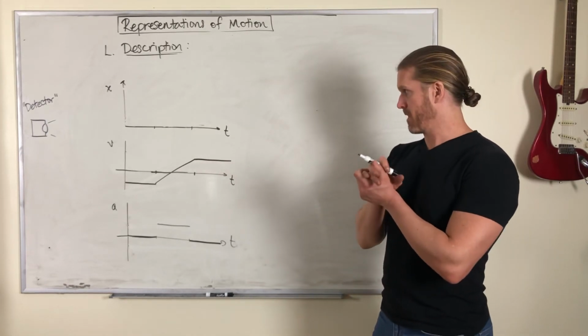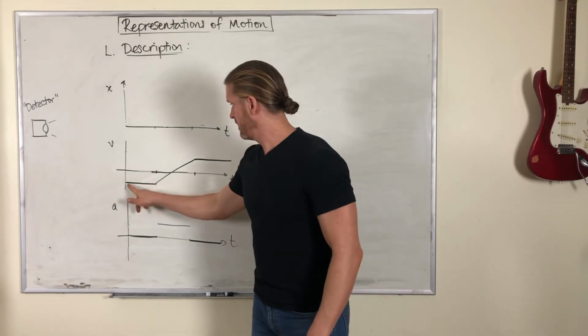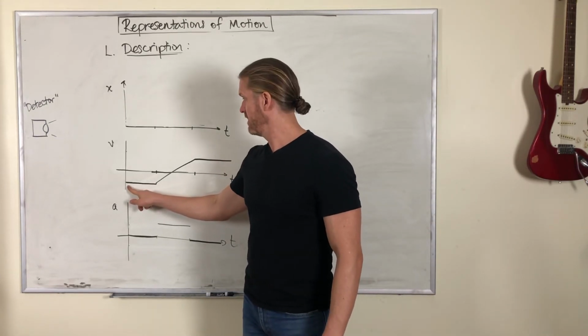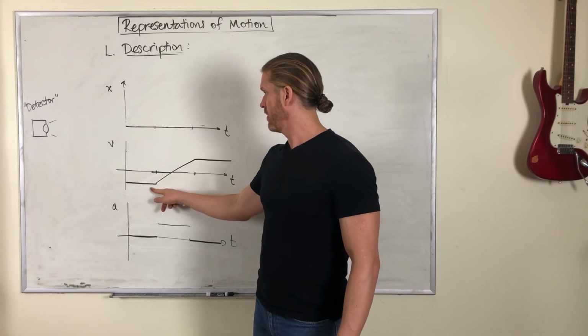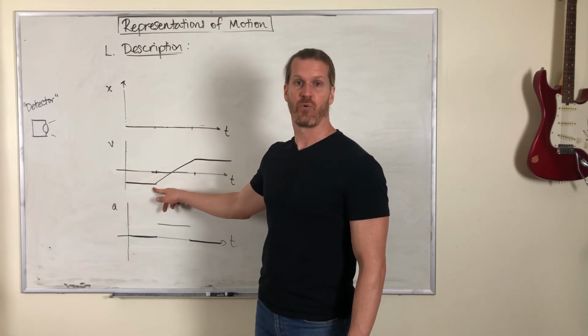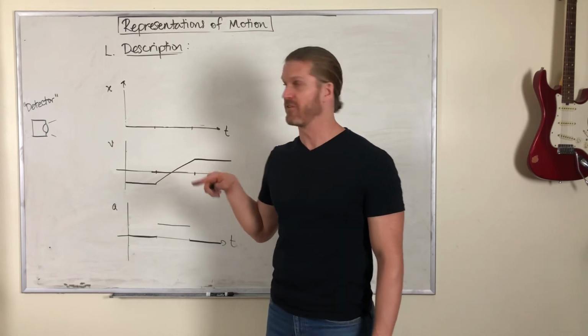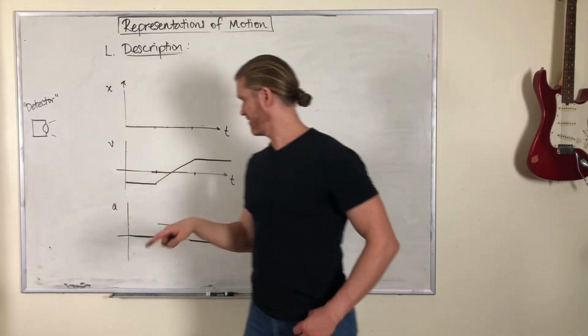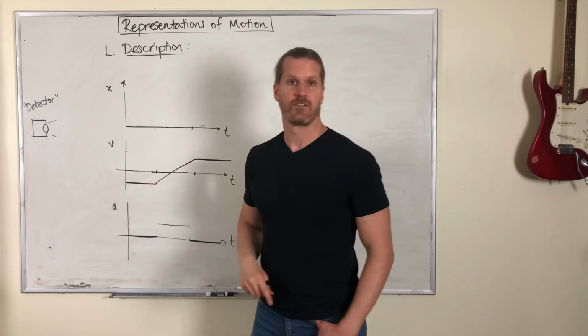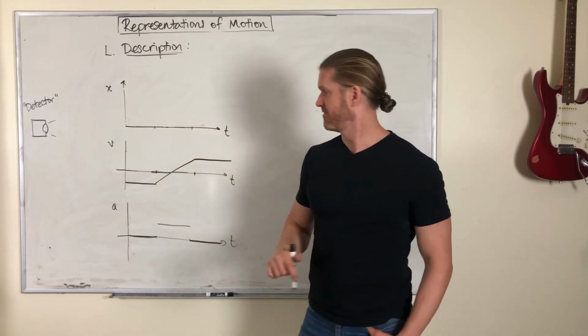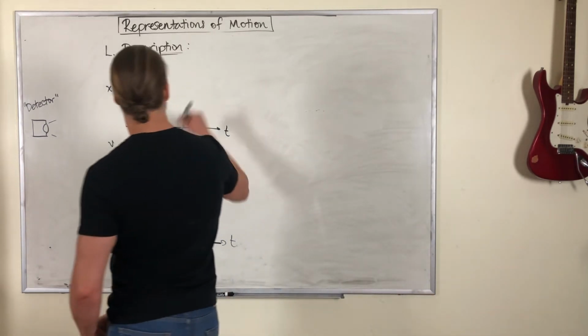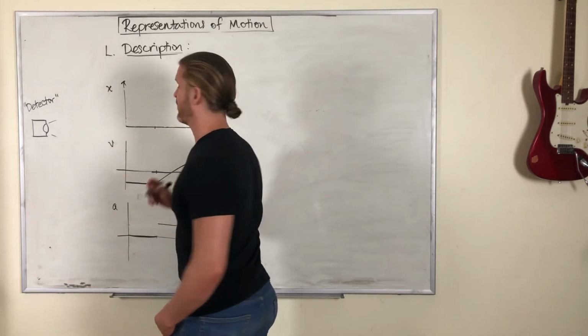All right. We'll go piece by piece. At the beginning, we're moving toward the sensor, toward the detector, because negative velocity means you're moving toward the detector with constant speed. So let's just start writing that here for our description.